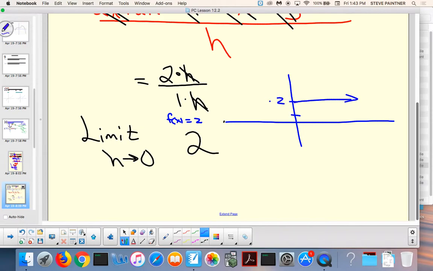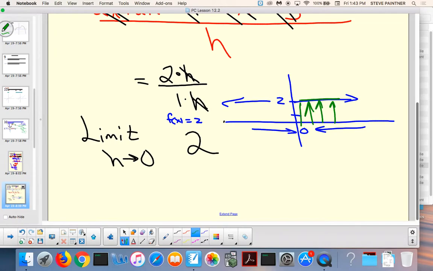So really, this is the graph you're kind of staring at, even though you're not. You're supposed to be thinking this. As h approaches 0, now you don't know what h is, I'll tell you Monday. But watch this. As you come closer to 0 this way and this way, you just get 2, 2, 2, 2.